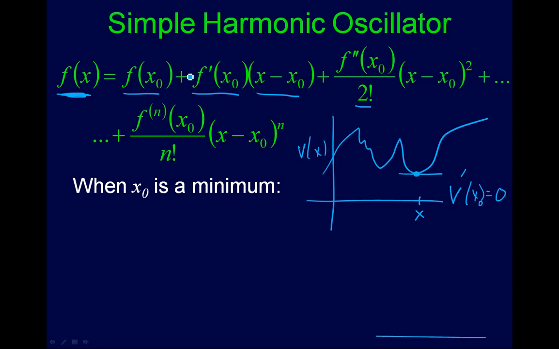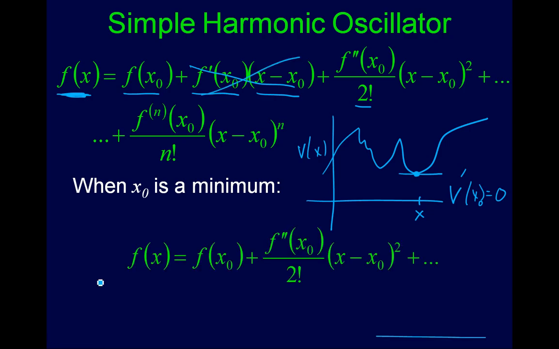If I approximate this with a Taylor expansion, this term goes to 0. My expansion would be the first term, which is just a constant, plus the second derivative with some value plugged in divided by 2 times the distance away from x sub 0 squared.